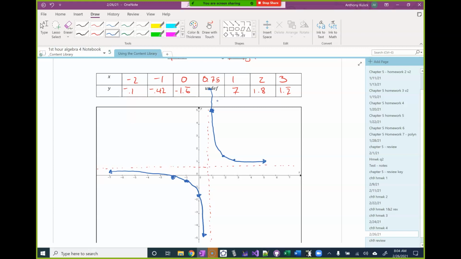Again, I tried to pick things that stayed on the xy axis. I guess when I made this one up, I didn't think. I probably did 2, 3, and 4 when I previewed the problem instead of using 1, and if I did that, everything stayed on the graph pretty nicely, but whatever. No big deal. If you have something that's a little bit off the graph, you just guesstimate it up there.